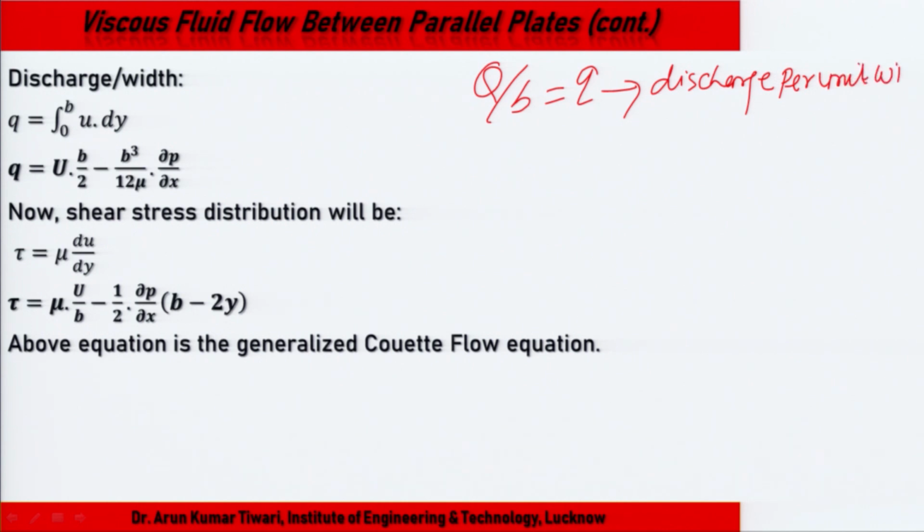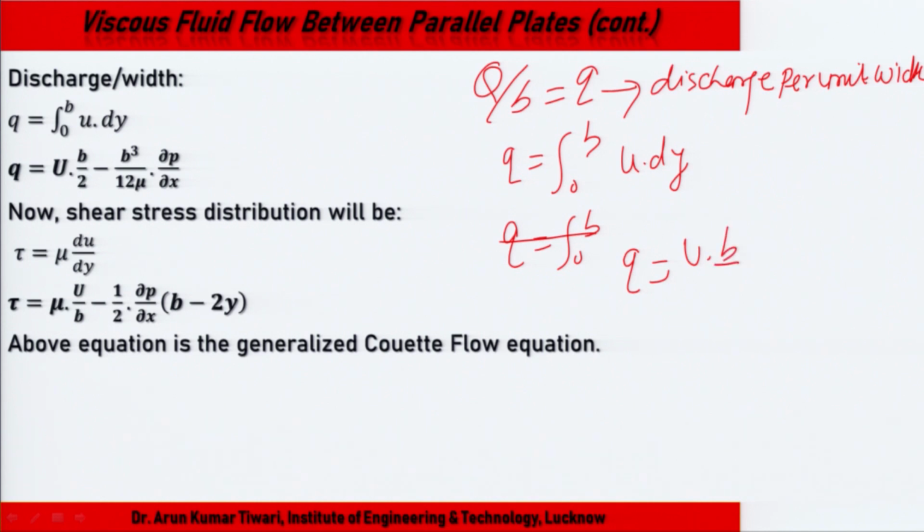So, q is the integral from 0 to b of u dy. You can directly solve and you get u b by 2 minus b cube by 12 mu del p upon del x.